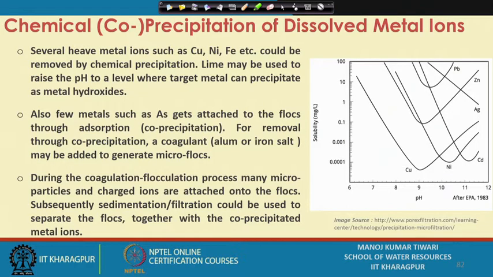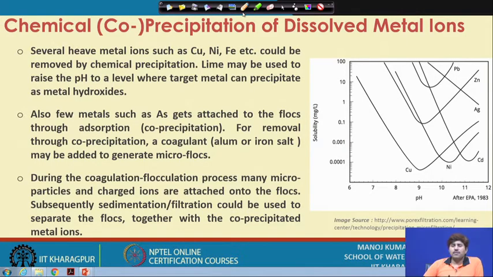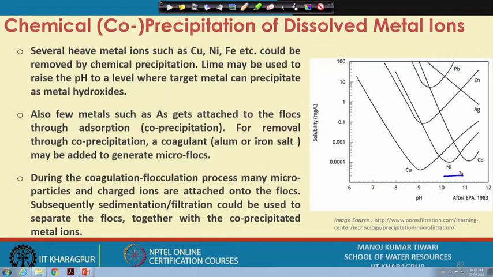Okay. So, the metal ions which are dissolved in the water, their solubility depends on the pH. Okay. So, if we make the pH towards the alkaline range, normally what we see is that the solubility of these metal ions is reduced drastically.